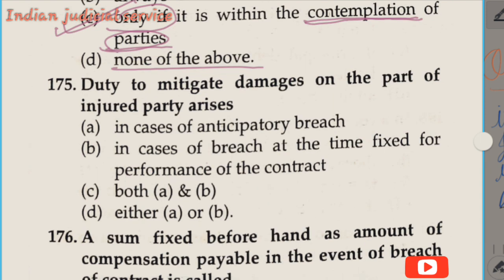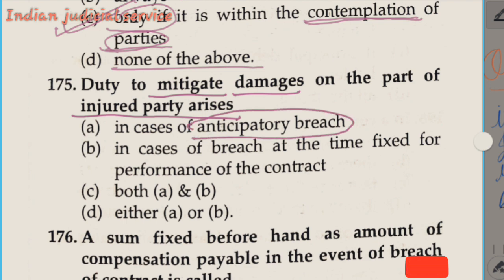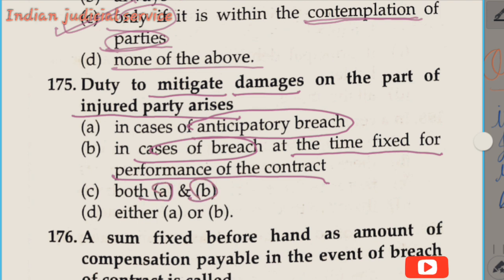Now come to the next question, question number 175. The duty to mitigate damage on the part of the injured party arises: option A in case of anticipatory breach, option B in case of breach at the time fixed for performance of the contract, option C both A and B, and option D either A or B. So the answer is option D, either A or B. Anticipatory breach of contract is provided in section 39.